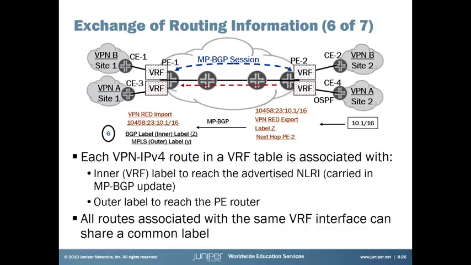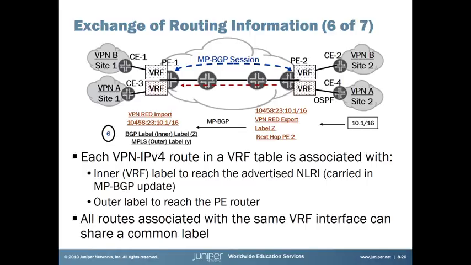But here's the thing, there are actually two labels that are added. Alright, the label that is sent across with the route becomes an inner label. And then when RSVP signals up the label switch path, it adds another label which is called the outer label.